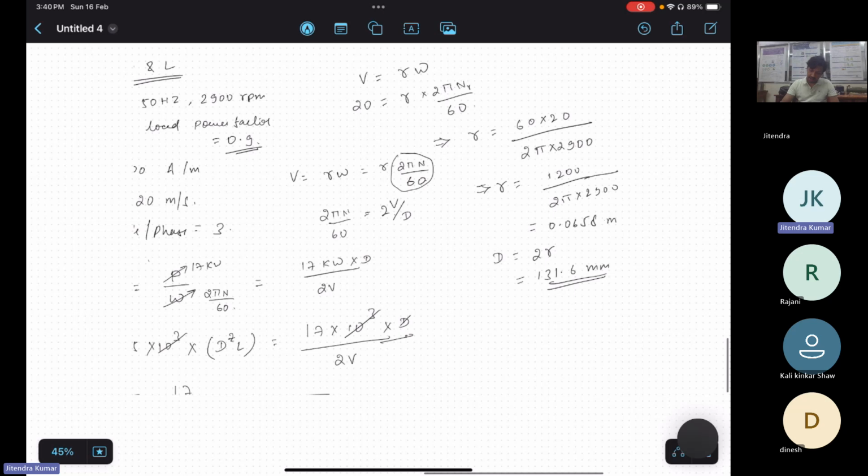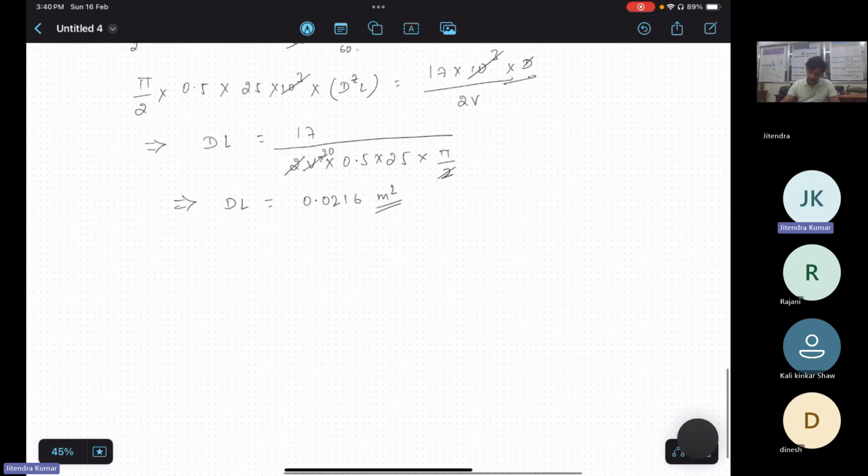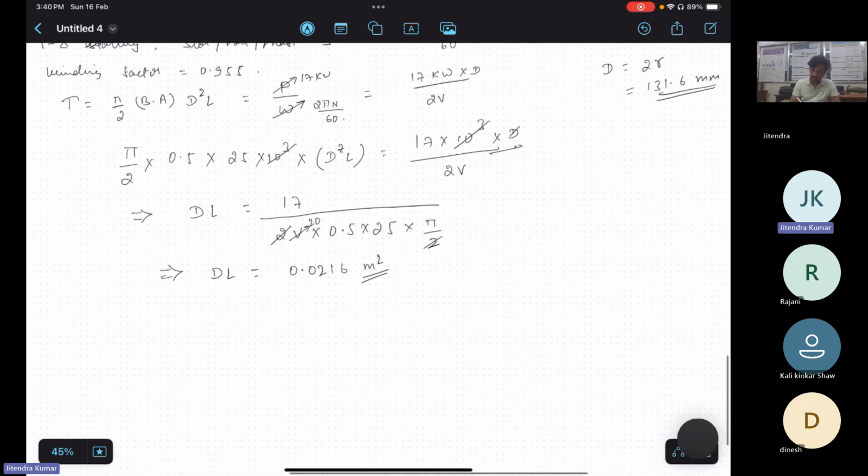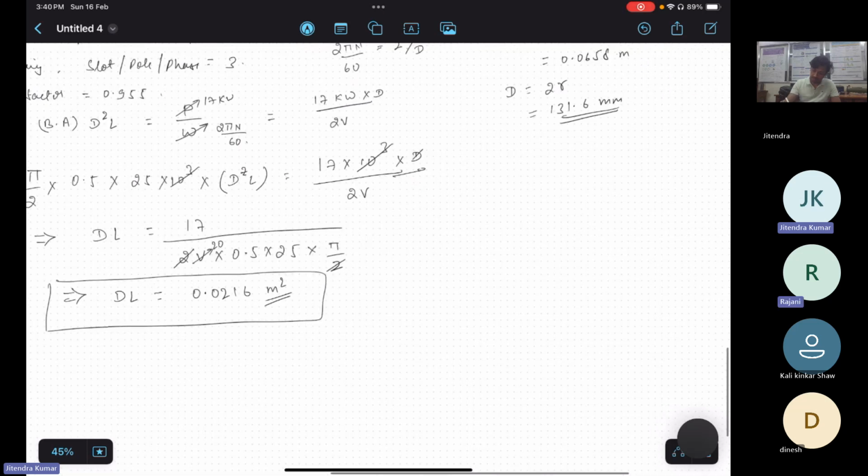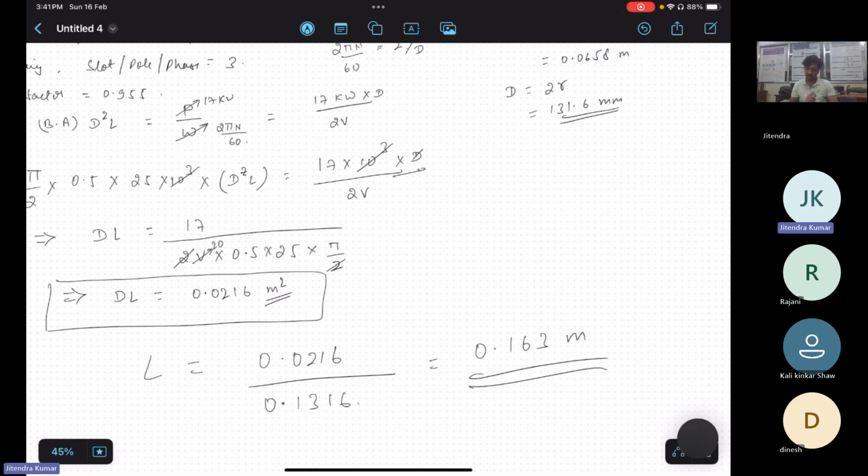So the diameter we have calculated, and we have another equation which comprises D and L. From there we can get the L value. That will be 0.0216 divided by 0.131, which is 0.163, the length of the machine, right?